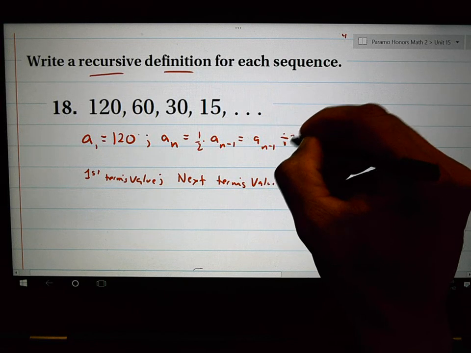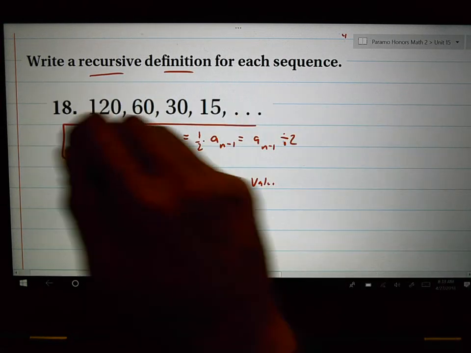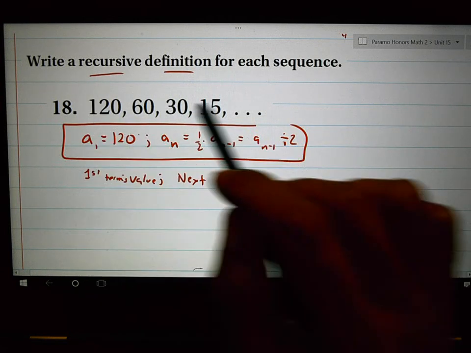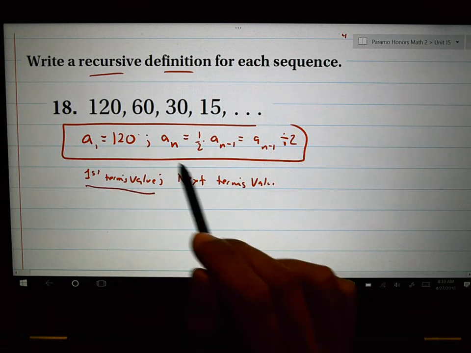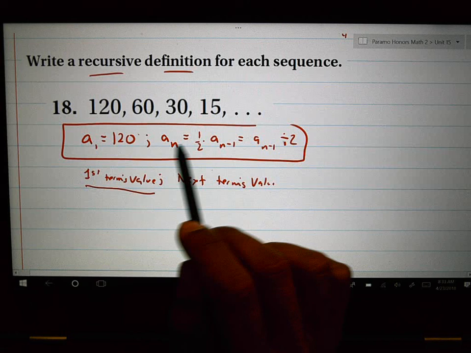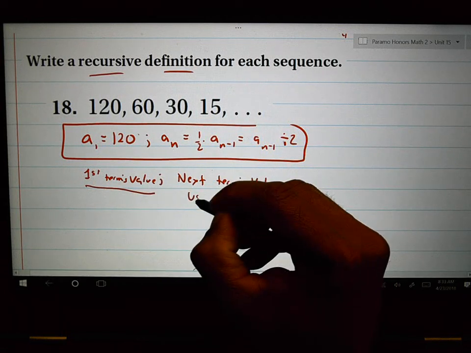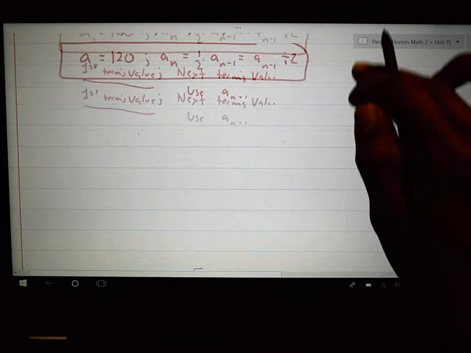They both mean the same thing. But what you have to have in your recursive definition or your recursive formula is a first term's value, and you have to have how you get to the second term's value based off of the first one. You have to use an A of n minus 1 in your formula somewhere. And that brings us to the end of our notes.